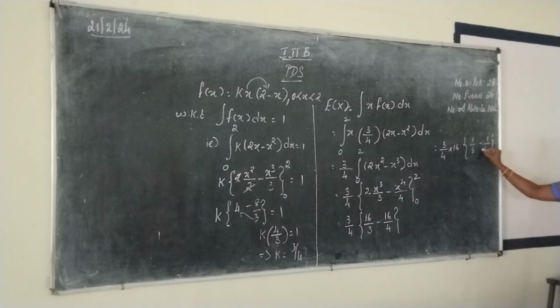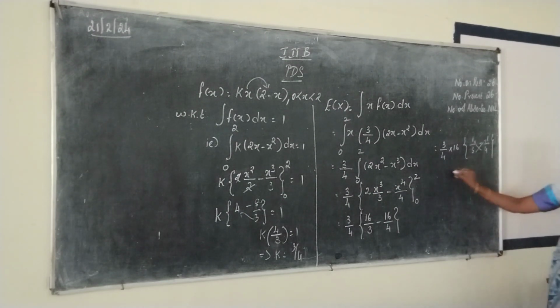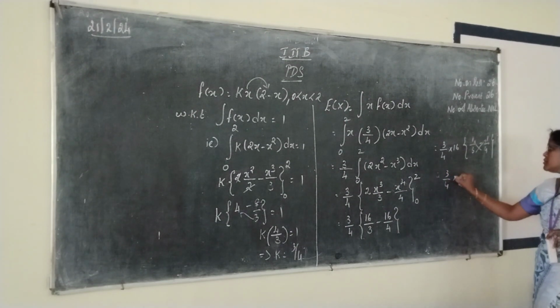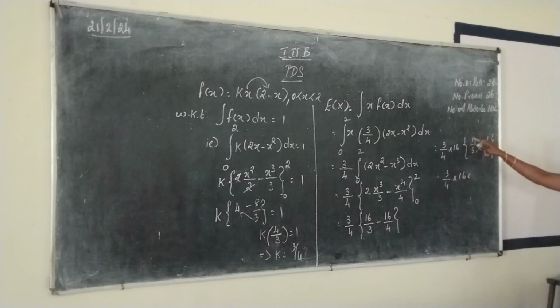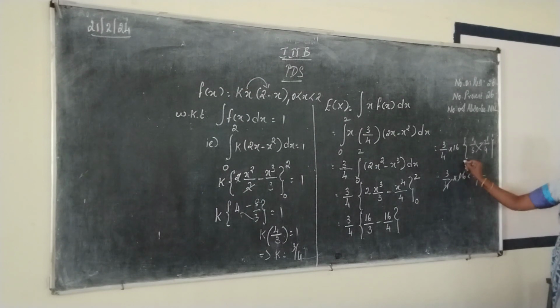Cross multiply: 4 minus 3, the numerator is 1, the denominator is 4 into 3. So what will be our answer? 1. E of x is equal to 1.